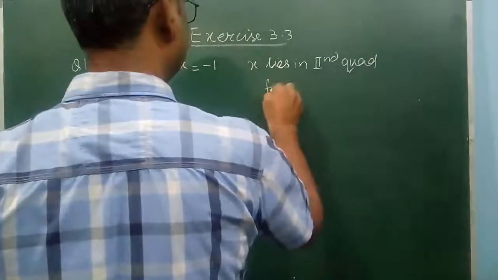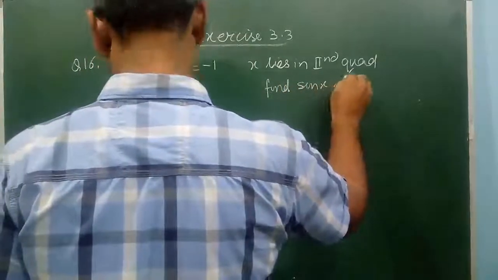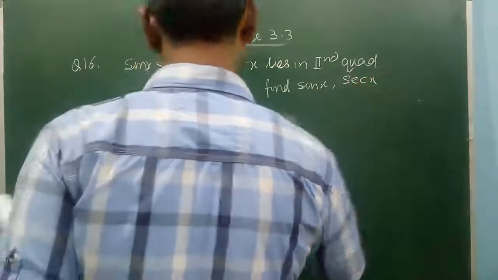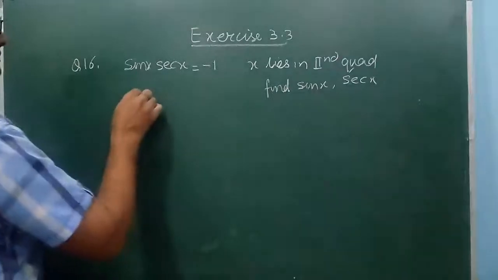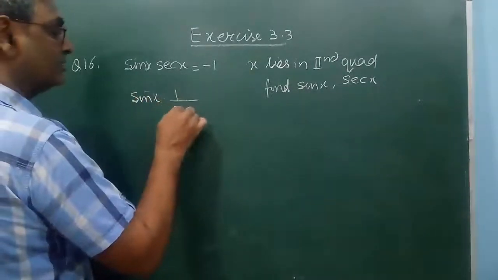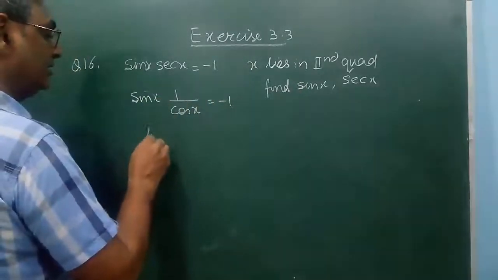Find sin x and sec x. What is sec x? Sec x is 1 upon cos x. This one we have got, this is tan x.